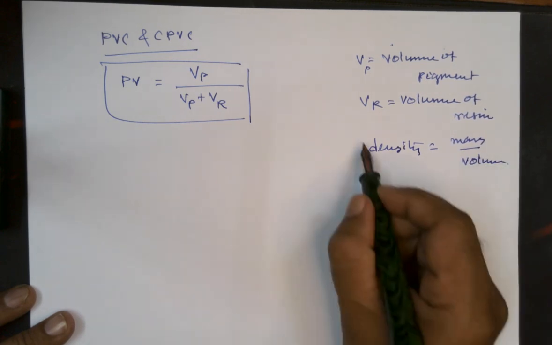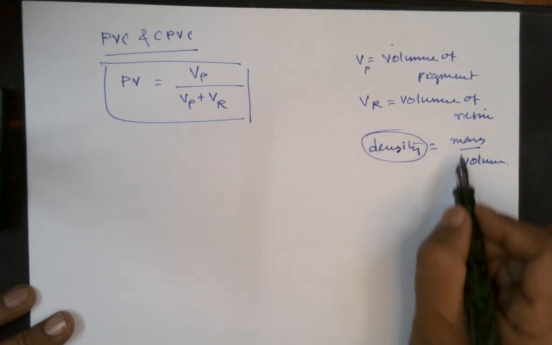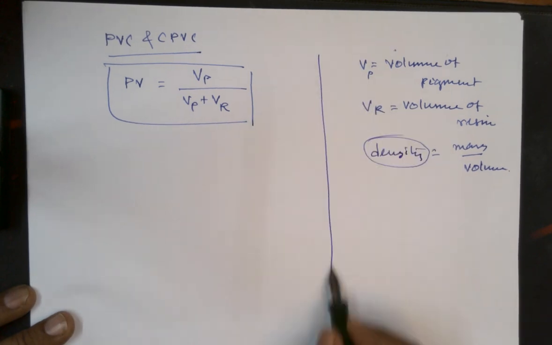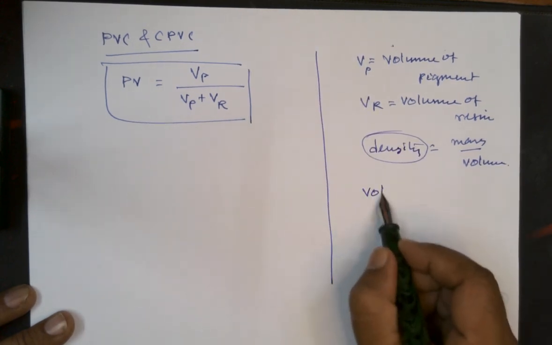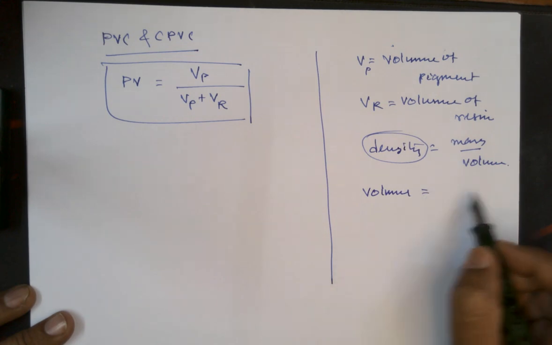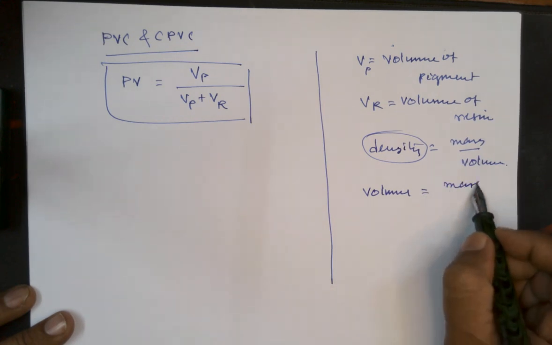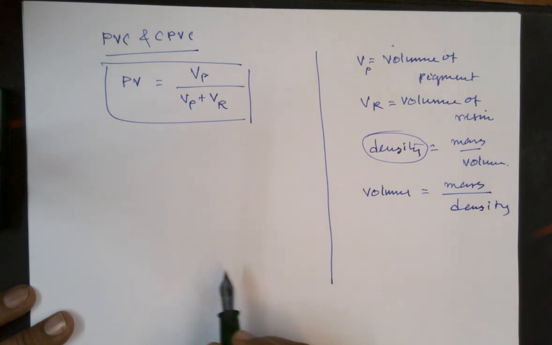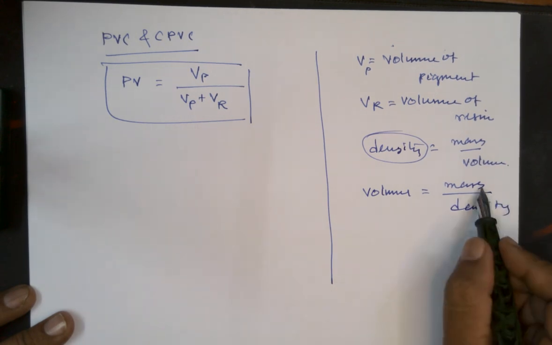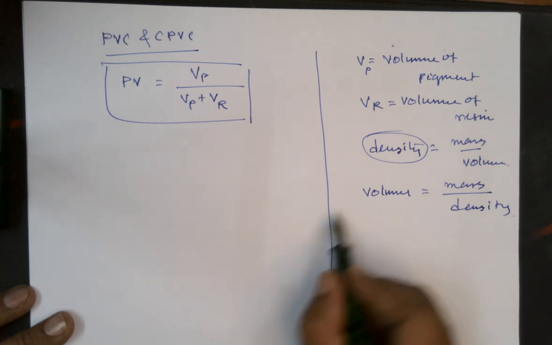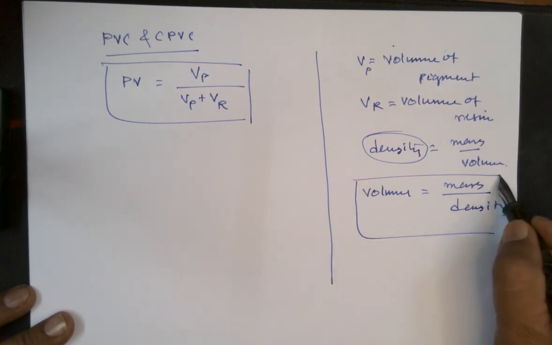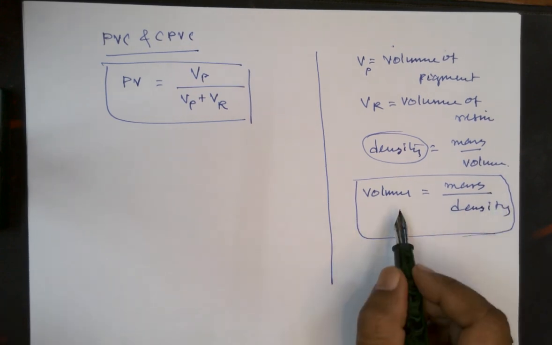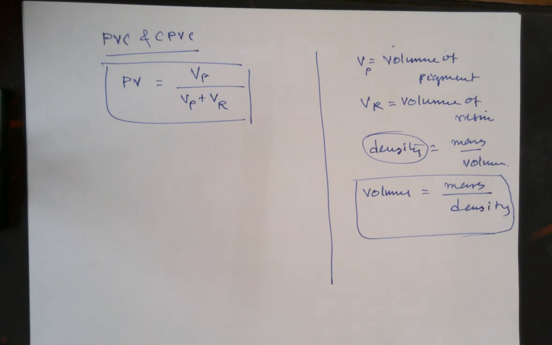So, knowing the value of density, the volume of pigment can be obtained. So, volume is equal to mass divided by density. Are you able to follow? Mass divided by density. So this formula can be effectively used for determining the volume of pigment. Let me go slowly, step by step.